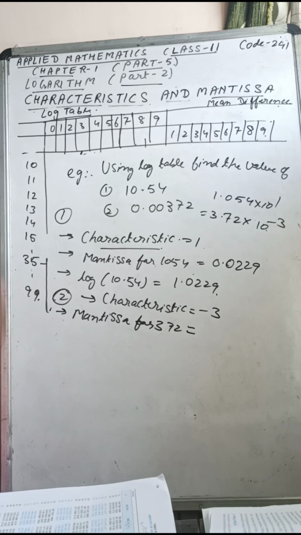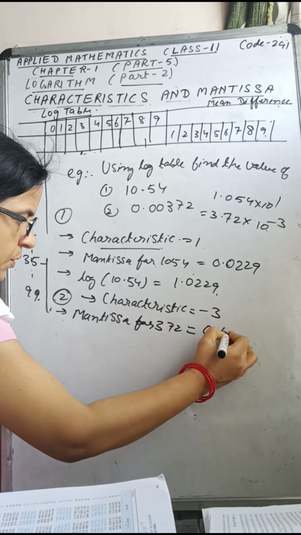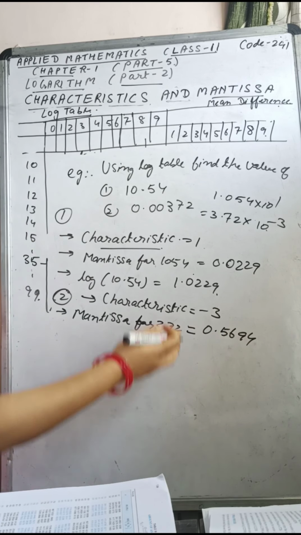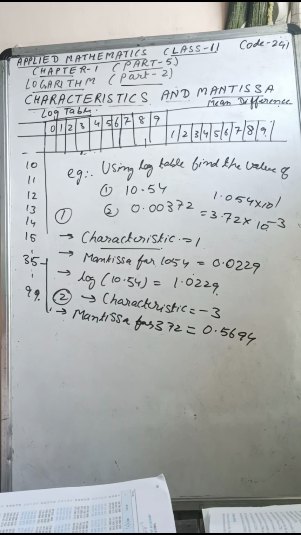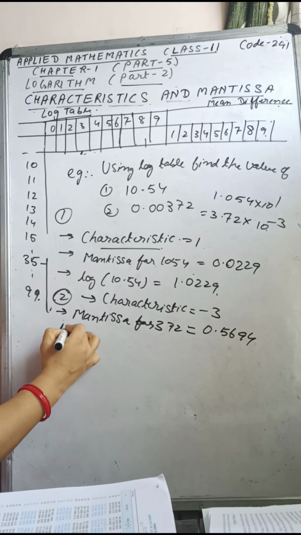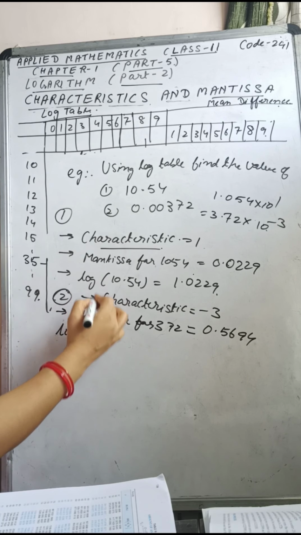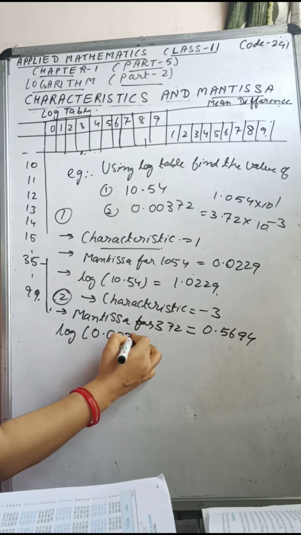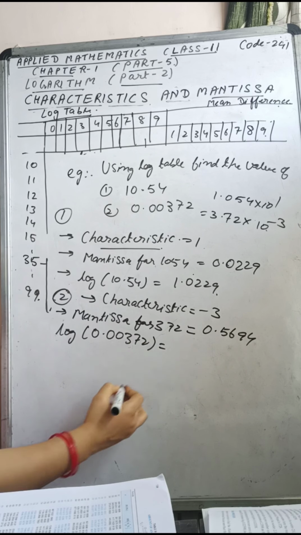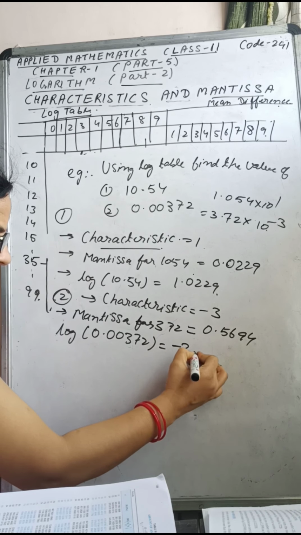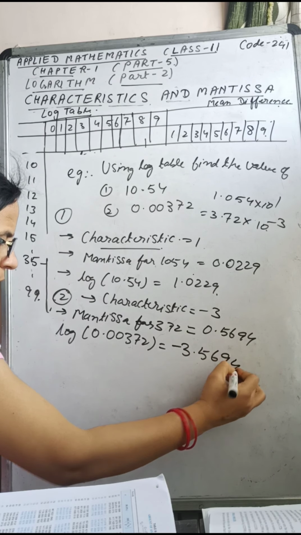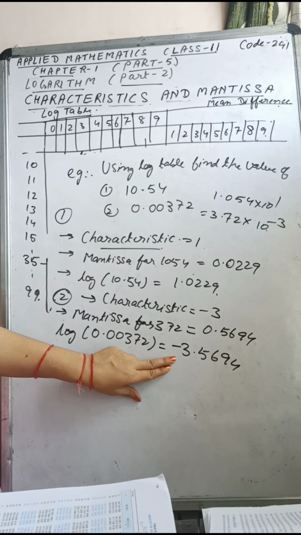It is written 5694, so it is 0.5694. Now we write the log of that number as the sum of the characteristic and the mantissa. So log of 0.00372 would be minus 3.5694.